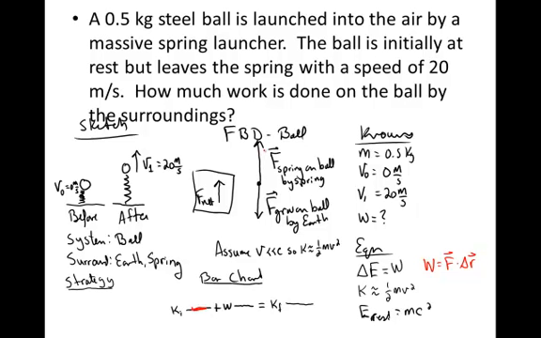Since force and displacement are in the same direction, I'm going to have positive work. Another way to think of this is that the velocity of the ball is increasing because of the force. Therefore, the kinetic energy is increasing, which means we have to be adding energy to the system. That's going to come in the form of work. And then the final kinetic energy is just going to be the sum of these two.